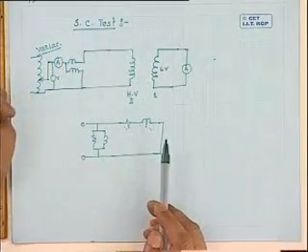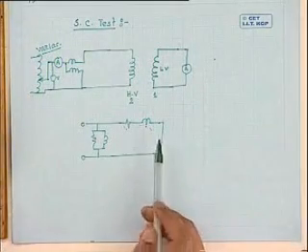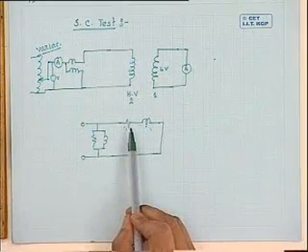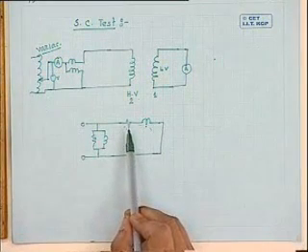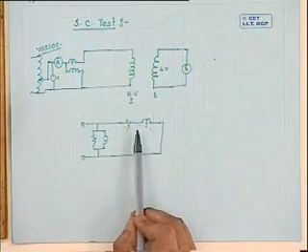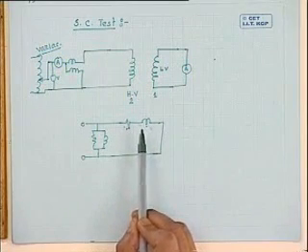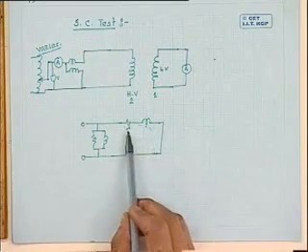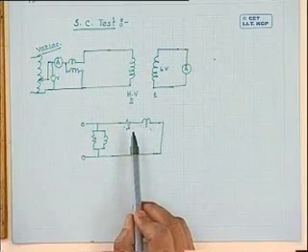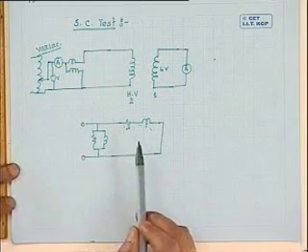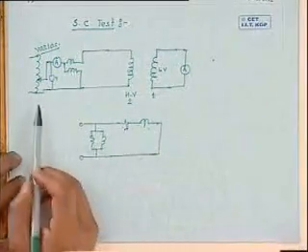And that current will be quite large because for a good transformer we have taken care at the design stage to see that this equivalent resistance and leakage reactance are very small. Therefore, the transformer may be spoiled if proper precaution is not taken.